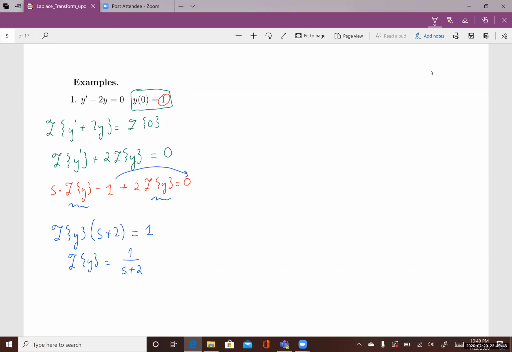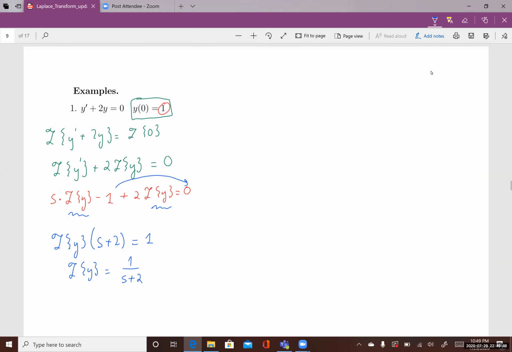All right. Now, there's a time when you can use the inverse Laplace transform. So you have to find y by inverting this. The next thing is finding the inverse of the Laplace transform, right?